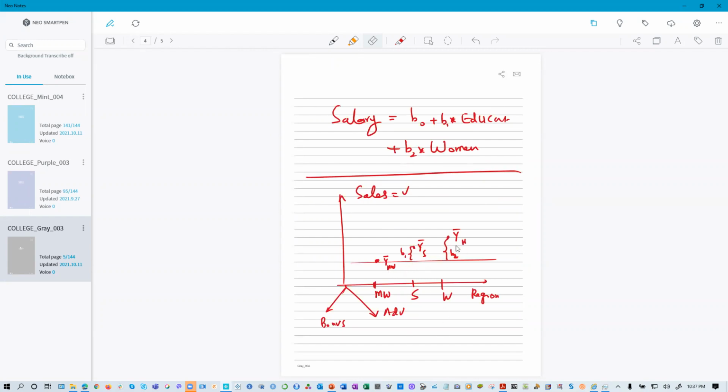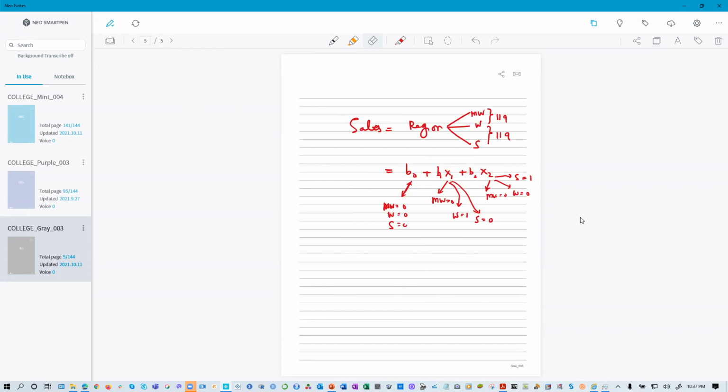So if the West is in the middle, then West to South and West to Midwest. Okay, the way that I have drawn out here: West here, Midwest here, and South here. Southeast 109. That's the value represented in the equation.